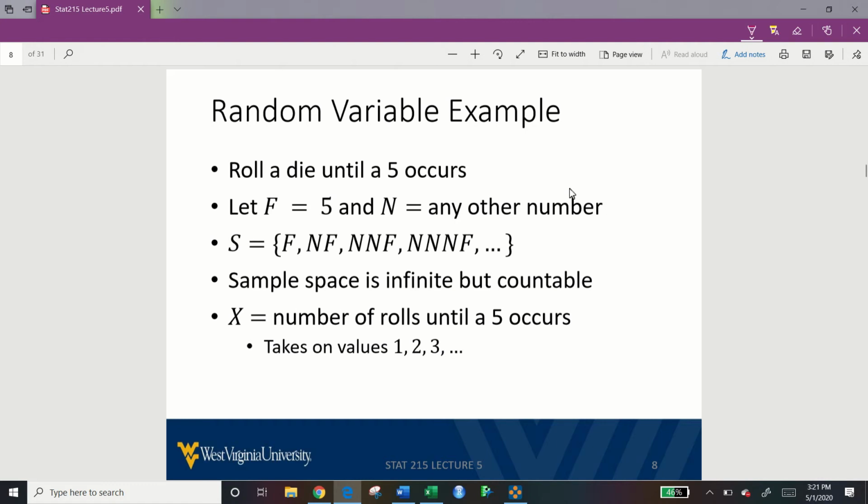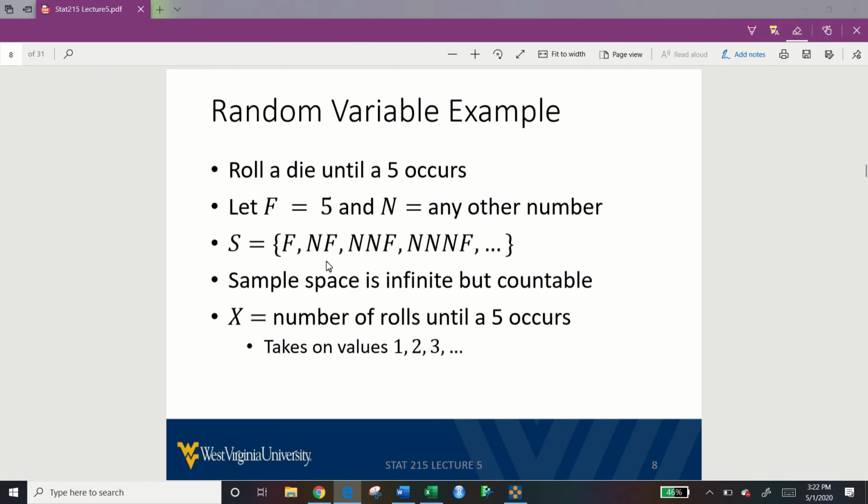If we get a 5 on the first roll, then our outcome is simply F. If it happens on the second one, that means first we rolled a non-5, then a 5. Then our next one could be 2 non-5s, then a 5, or 3 non-5s, then a 5, and then it keeps going.